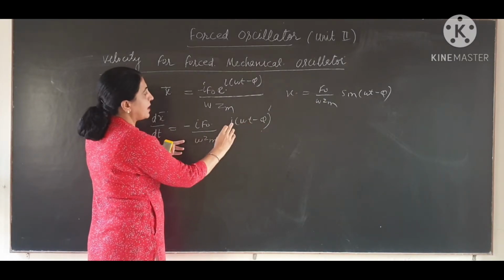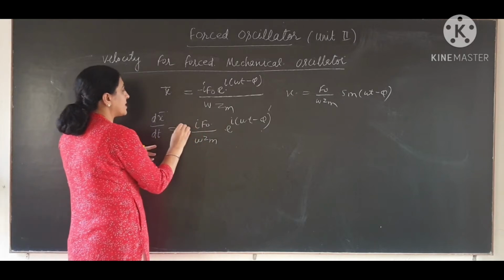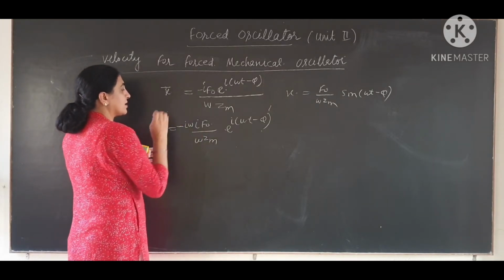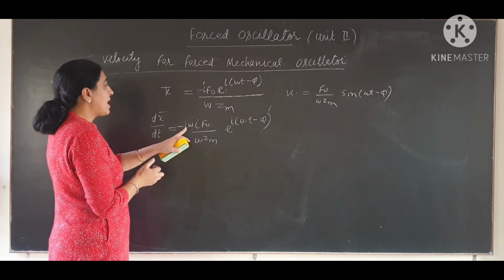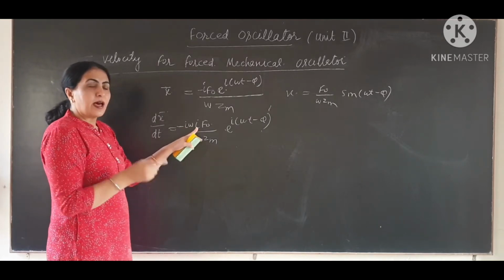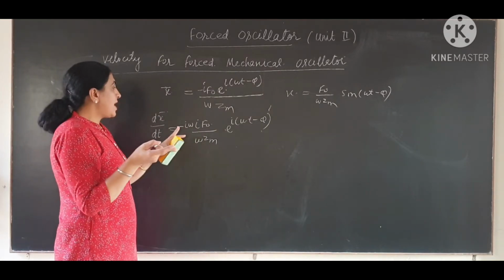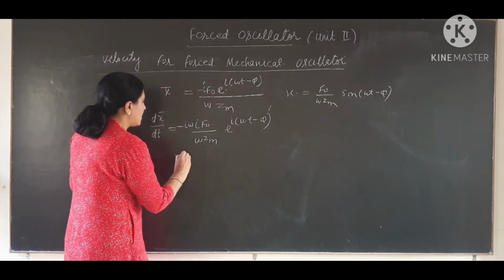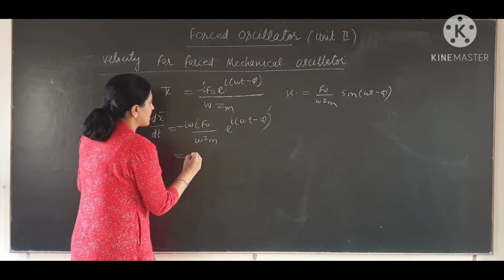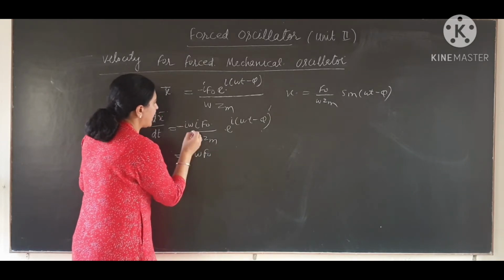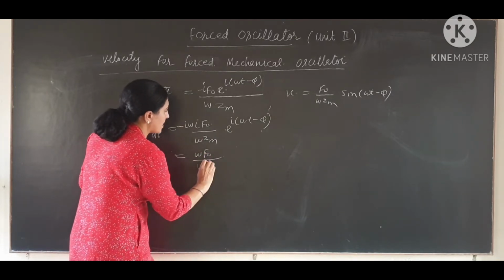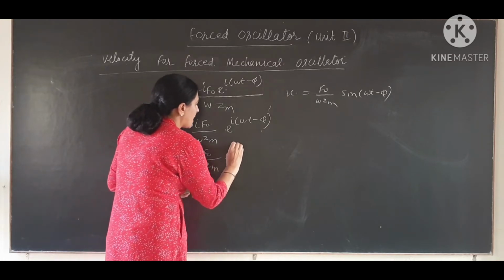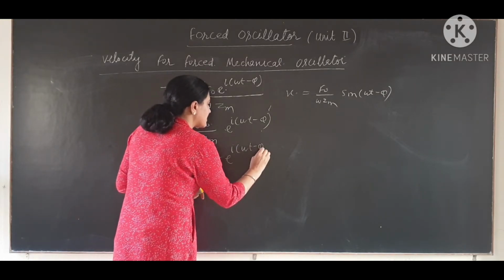Phi is constant, so iω is multiplied. So −i times iω: i squared is −1, and −1 with −1 goes positive. So the final solution is ω F0 / (ω Zm) e^(i(ωt − φ)).